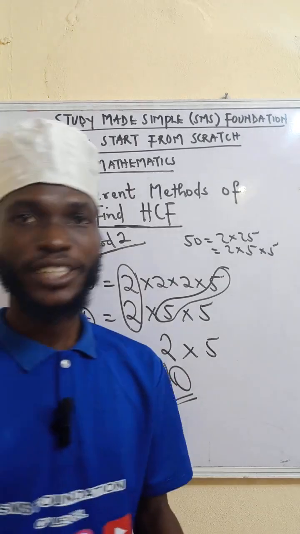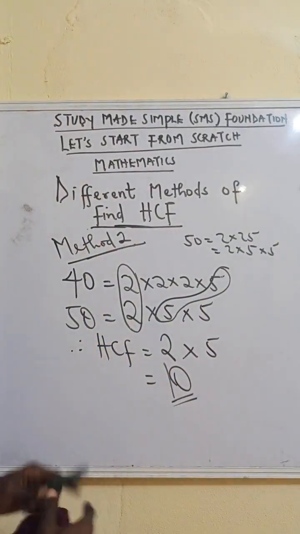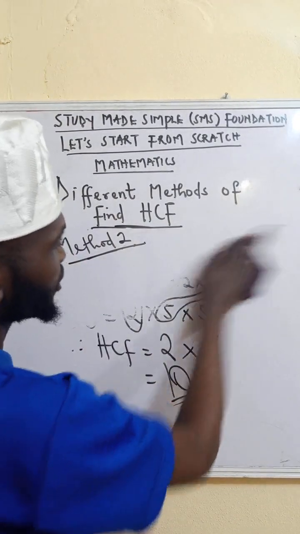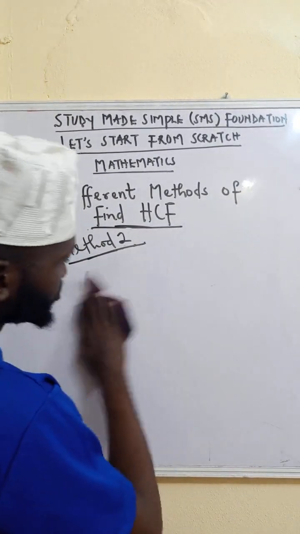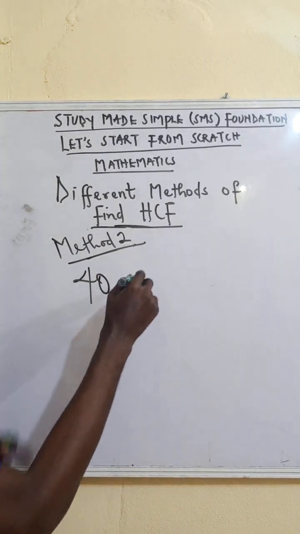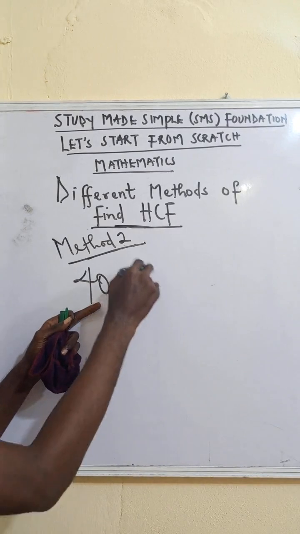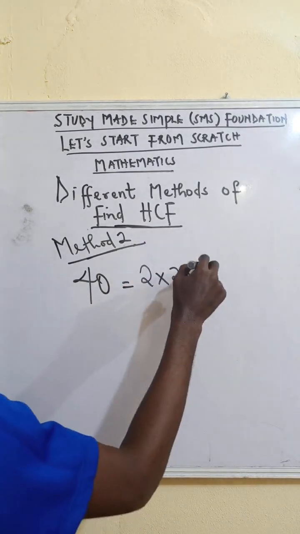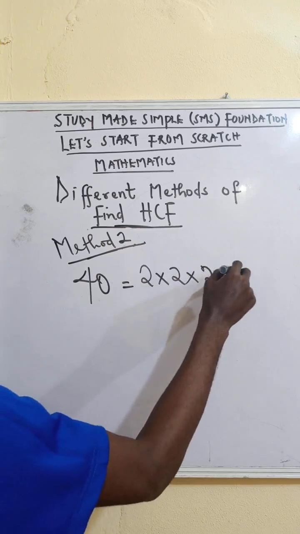Good. Let us consider the third method, the same prime factorization. But this time around, I will write it in index form. Remember that we have written our 40 as 2 times 2 times 2 times 5.